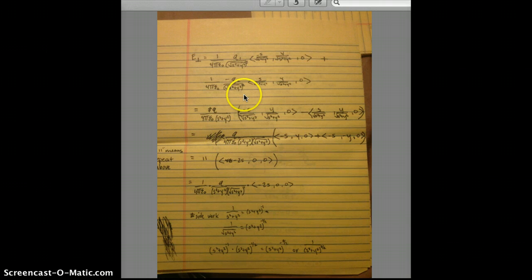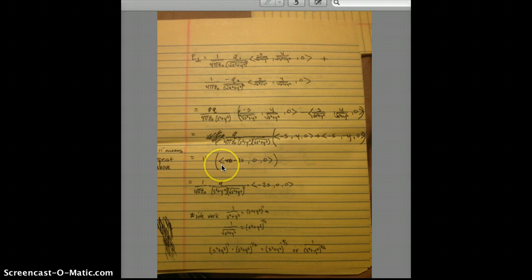It's a little clearer picture, so this may help a lot more. And then for E perpendicular, I added them all up together, and then I took out the common factors and came out with this. And then I replaced a negative with a positive, and so that's why you see this right here.